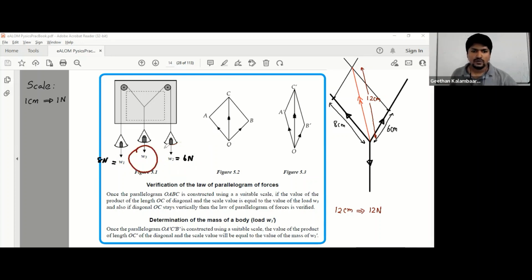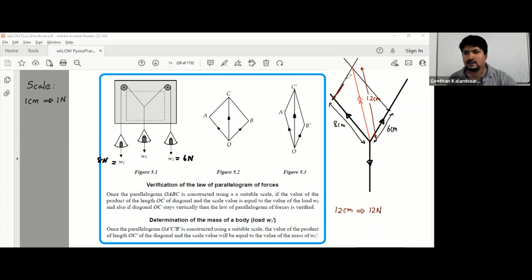W3 is the unknown mass. You put these on the scale, then you balance them. Once you balance them, you trace the strings on the white sheet once again.